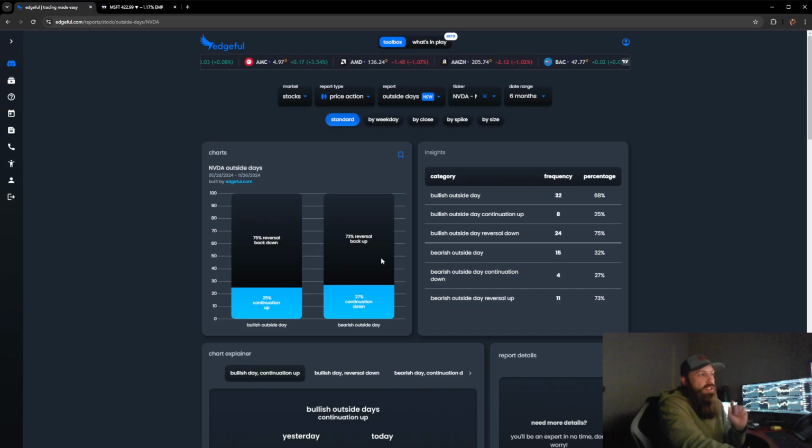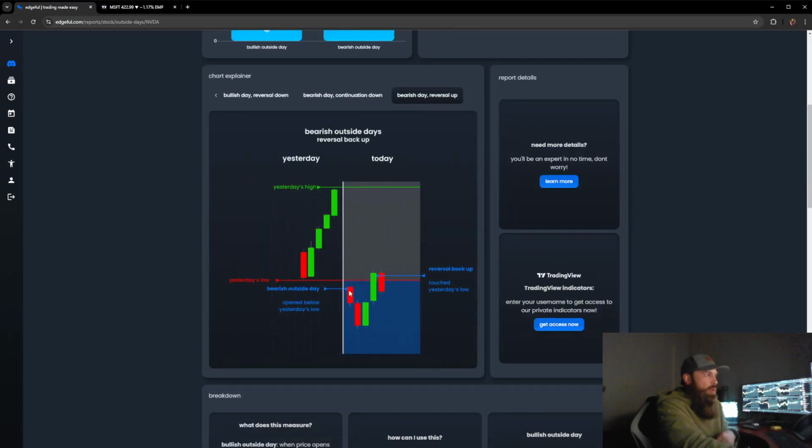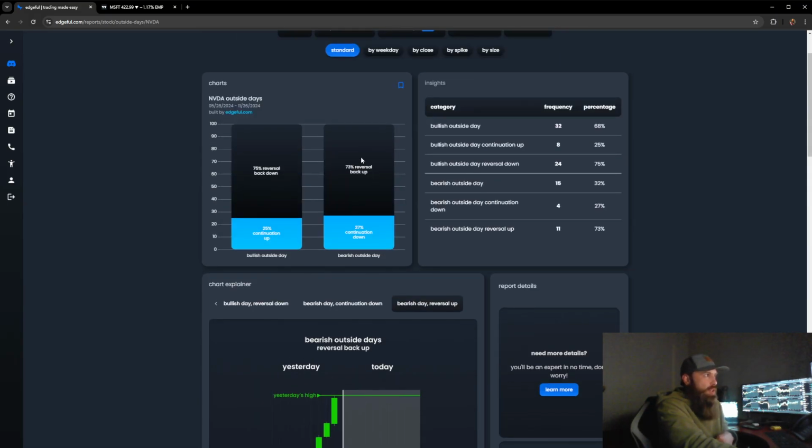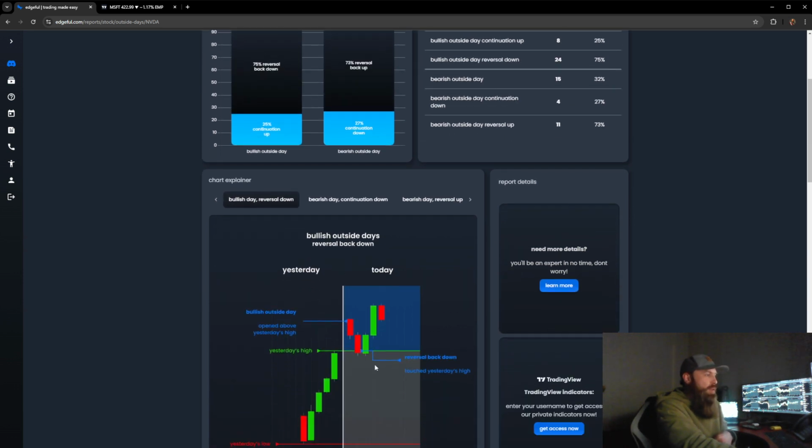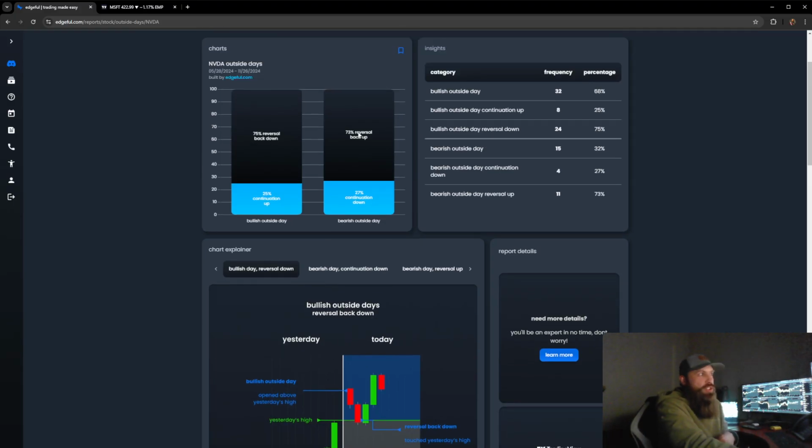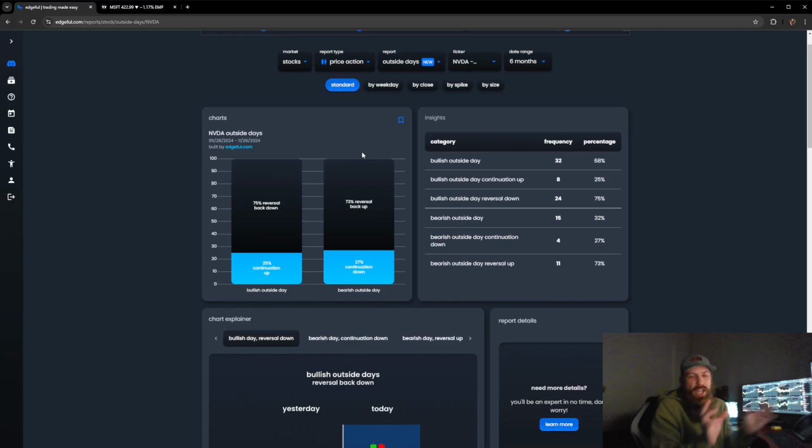So either way, if NVIDIA opens below the previous day low, a bearish outside day, which is going to look like this right here, opening below yesterday's low, we're going to come back up and touch it 73% of the time. If we open above it, we're going to come back down 75% of the time. Both of these are fairly strong numbers, right? So NVIDIA, I can look at this from both sides.